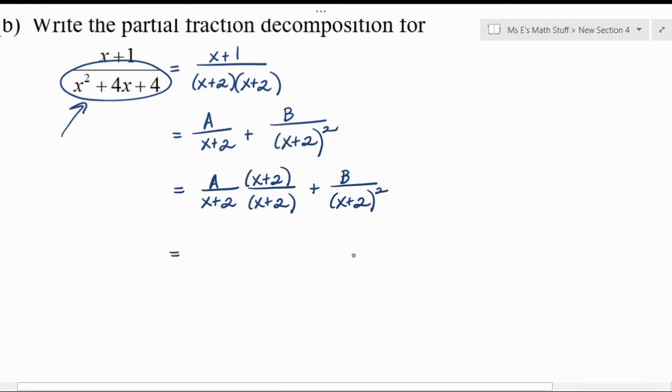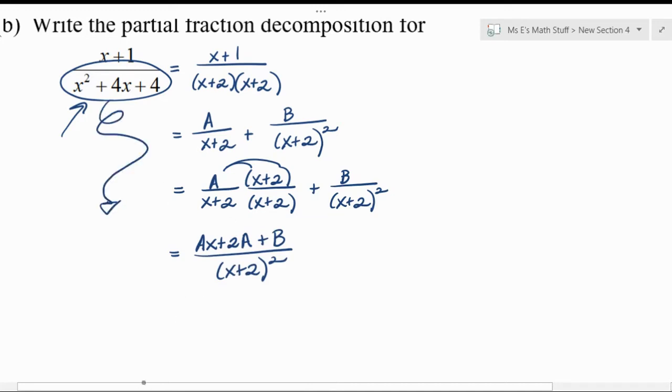Okay, so now let's go ahead and follow your simplification nose. So we'd have ax plus 2a plus the b over there, and it would be all over x plus 2 squared. There we go. So I'm going to go ahead and bring this fraction over here down to remind myself what I was trying to get to happen in the first place.